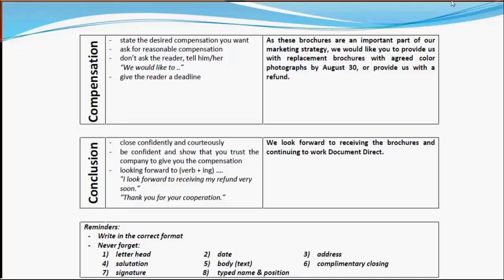Okay, and you'll have your company name here and address and all the stuff here. You write it here, in the middle, just like I showed you. Discussion. You have the content, you have the introduction, you have the discussion, and you have the conclusions. You have everything here. Then your yours faithfully, whatever, and your signature and stuff like that. Okay.